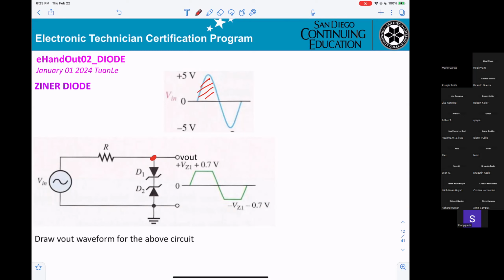So basically 5 volt and if VZ equal 3 volt, for example, okay, so D2 breakdown.